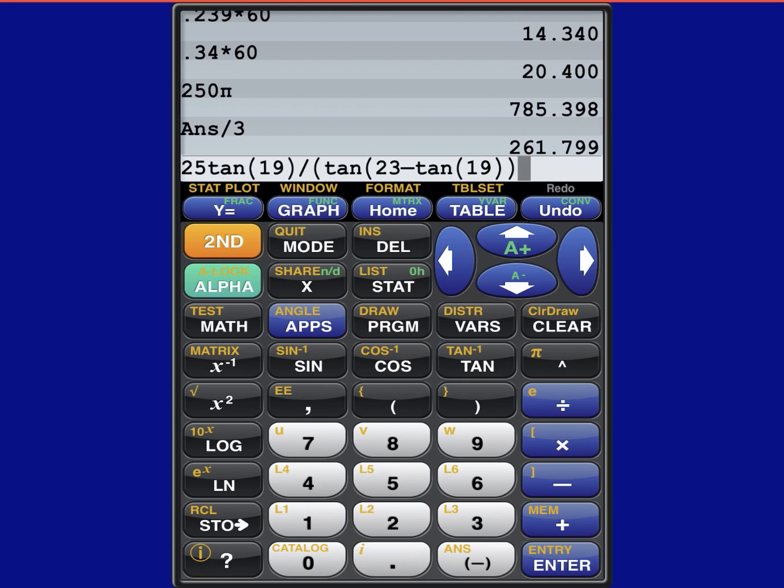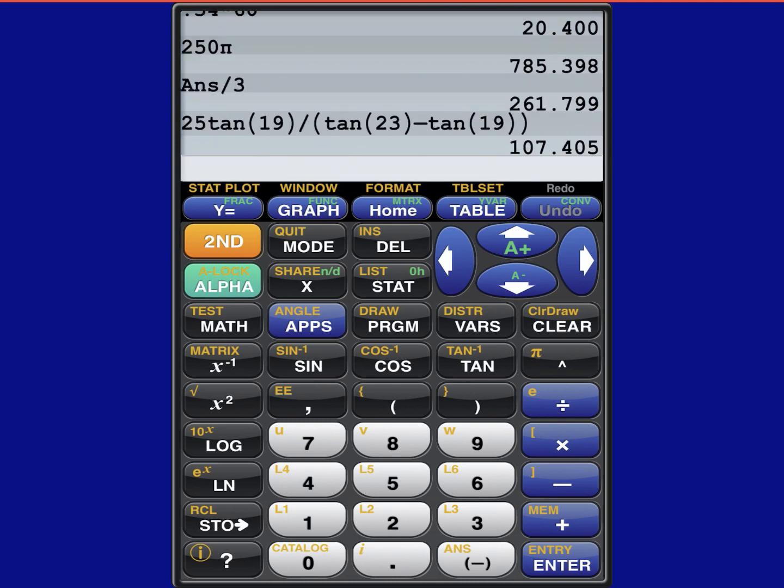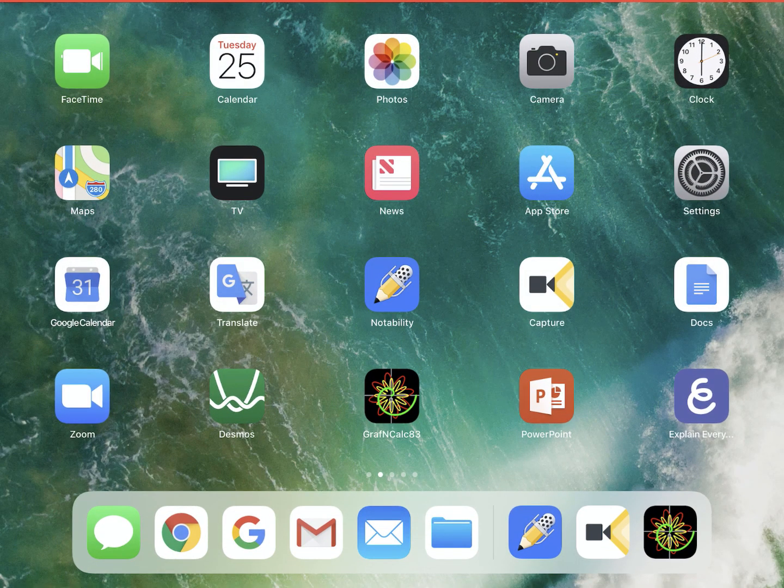All right, got all the parentheses and everything. Oh, it looks like I missed one right here. Sorry about that. Insert a parenthesis. 107.405 is what x equals.